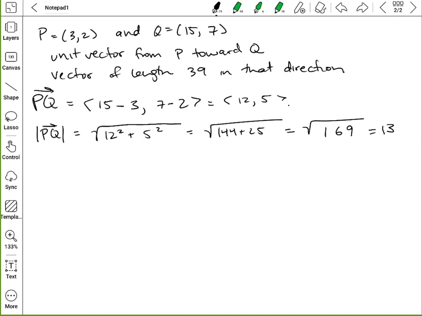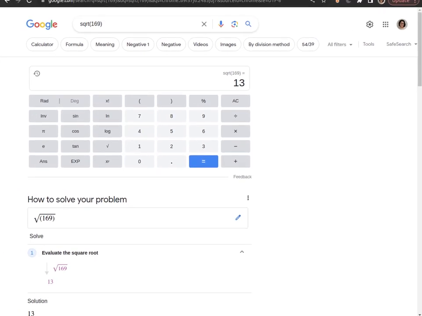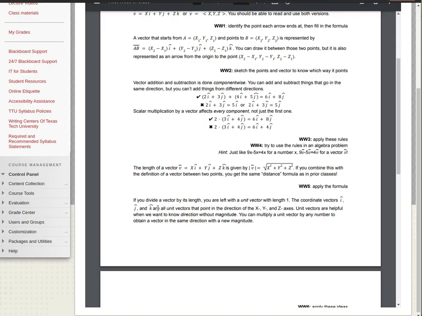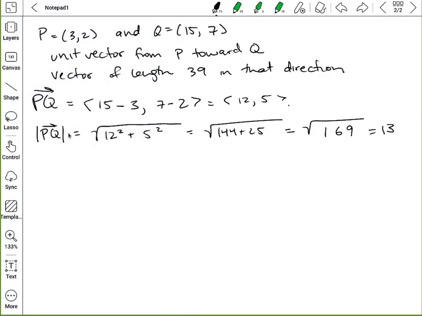And then since this vector has magnitude 13, from the worksheet, a unit vector has length 1. So I know that I don't have a unit vector right now. But if I divide a vector by its length, I'm going to have a unit vector. So going back to this problem right here, I'm going to say U is my unit vector.